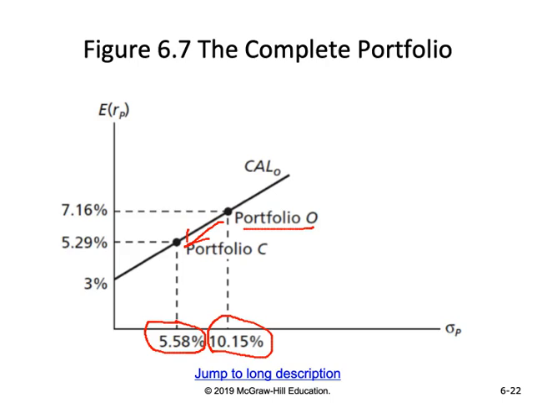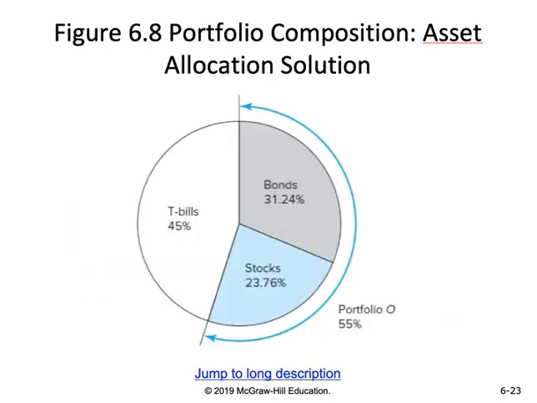But any point along this capital allocation line is a good or optimal trade-off between the risk-free asset and the optimal portfolio. So in that last example, we ended up with 45% in T-bills, and the bond and stock allocation here was defined by the optimal portfolio.